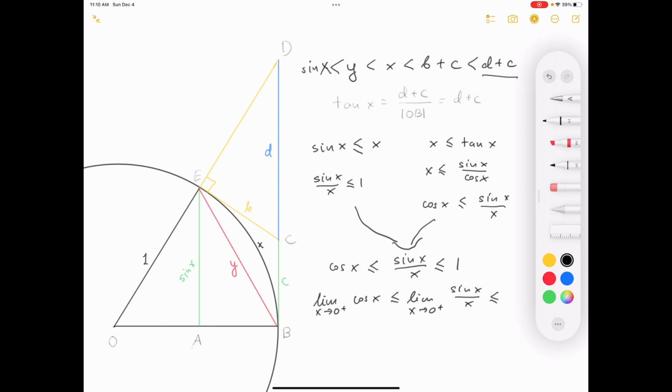The limit of 1 is just 1, so I get this. On the other hand, as x approaches 0 from the right, cosine x approaches 1, so this limit over here is also equal to 1. So what we have done is, we know that the limit as x approaches 0 from the right of sine x over x is squeezed in between two 1s. So we get our final conclusion, that the limit as x approaches 0 from the right of sine x over x must be equal to 1.